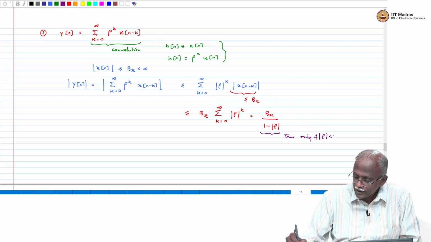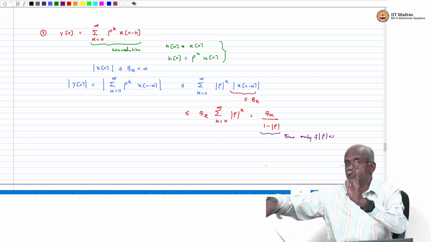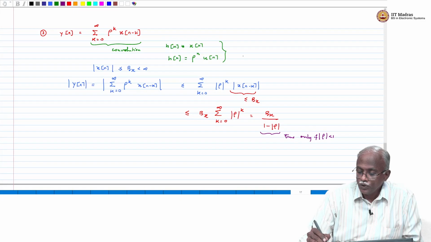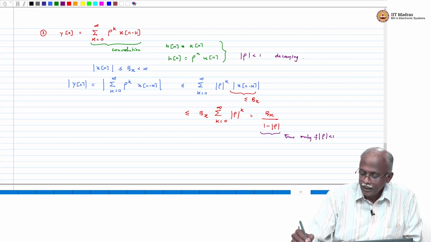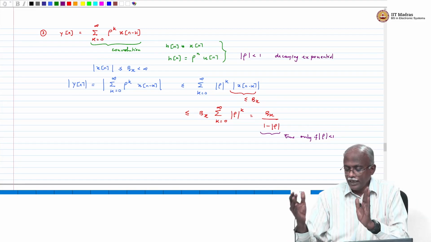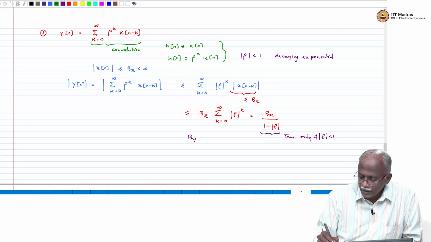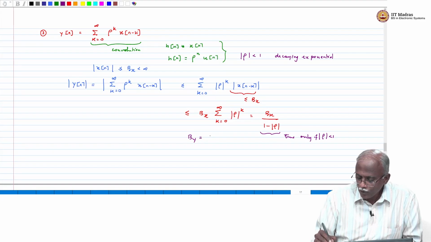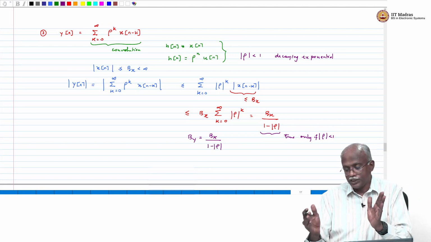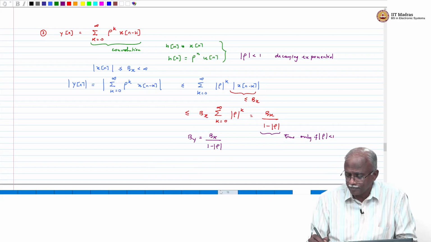That means it is a decaying exponential, and in that case the upper bound for y will be bx divided by 1 minus mod rho. It is a constant and it is an upper bound for y.